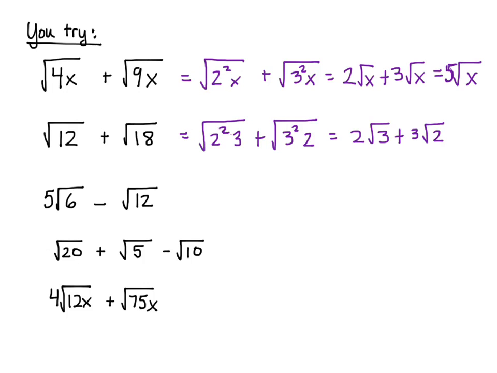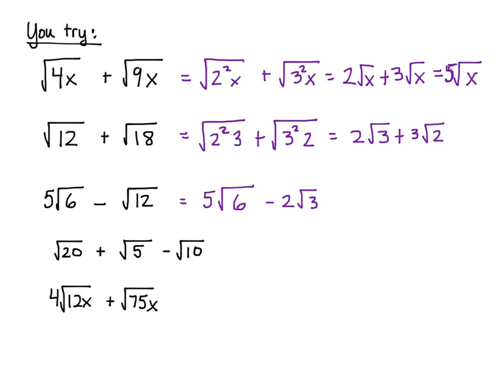Okay, how about the next one? Efren, did you get this next one? No? Julia, did you get that? Any volunteers? Paulo? It didn't really simplify all the way, but it went to 5 root 6 minus 2 root 3. Okay. Very good.